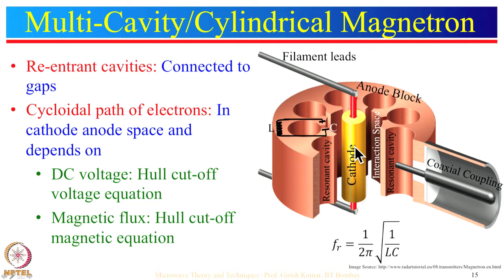By properly selecting these two parameters, the electron path can be made cycloidal, and that depends on the DC voltage and the magnetic flux. So, this is all about the structure of the multi-cavity magnetron.